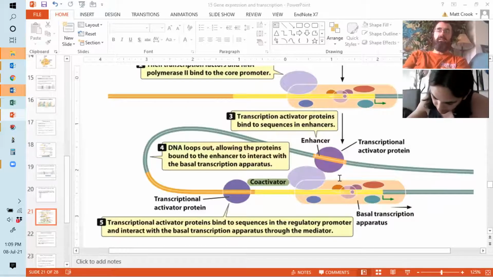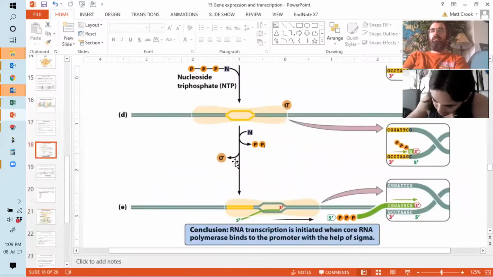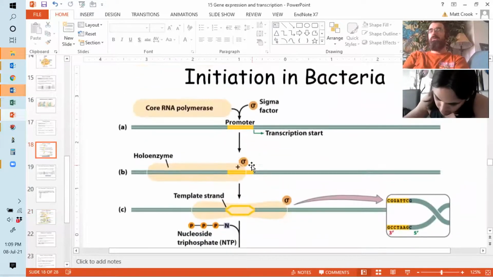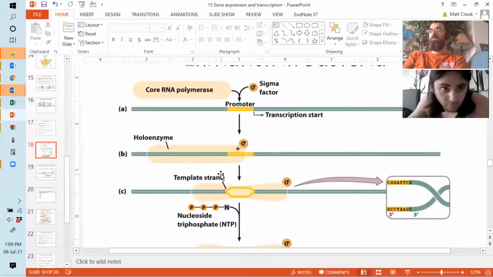So again, in prokaryotes, it's really quite simple. Sigma factor binds the promoter, recruiting the core RNA polymerase. As long as those two bind to the promoter, transcription begins.